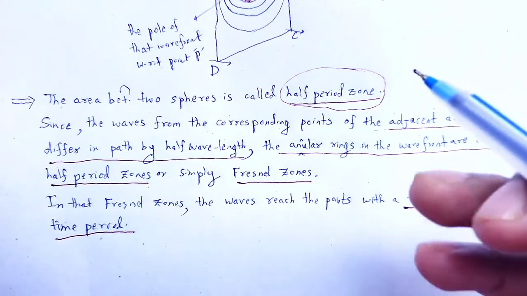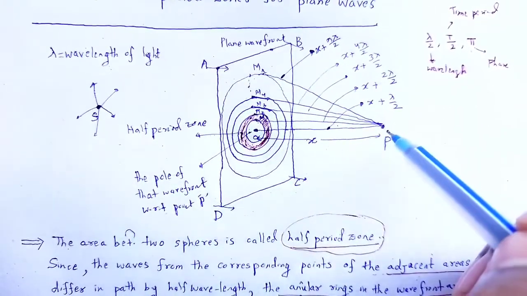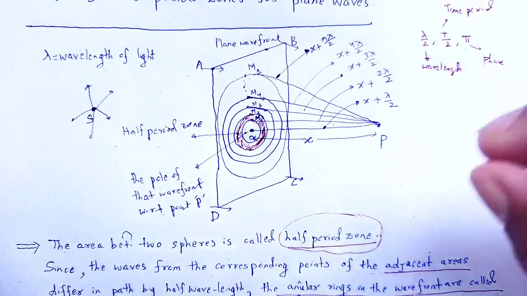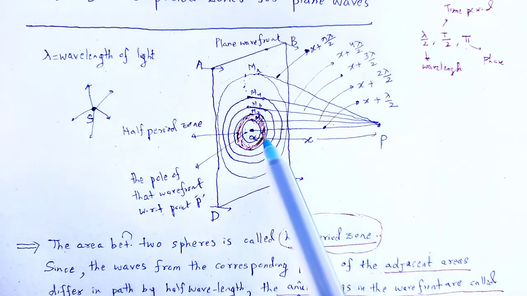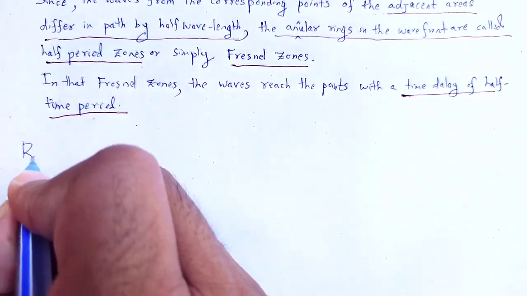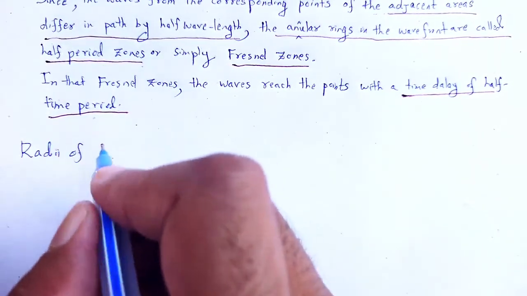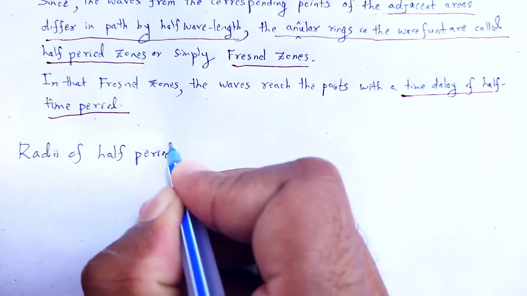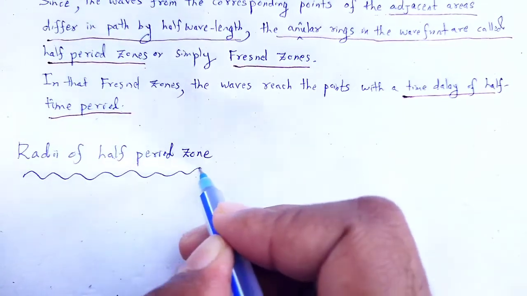We have to calculate the resultant intensity due to that plane wavefront at point P. To calculate the resultant intensity, first we calculate the radii of the half period zones.